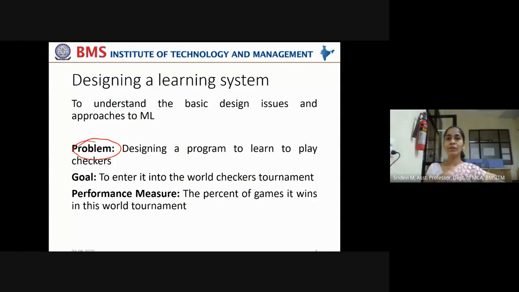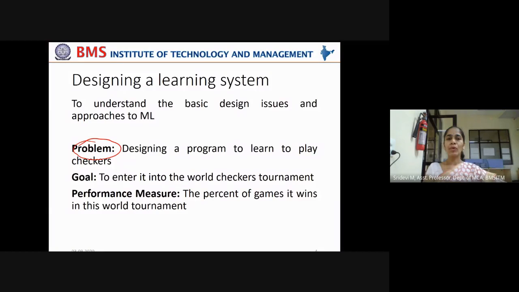Now you are trying to teach it how to play checkers by making it understand at every legal board state, I'm saying every legal board state means every possible correct position on the checkers board, what would be the next move? What would be the next legal move? What would be the best next legal move that you're going to explain to that kid? Or in this scenario, explain to that program.